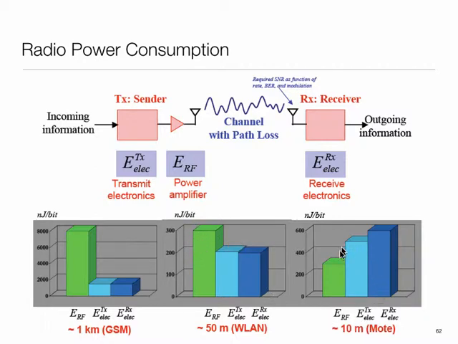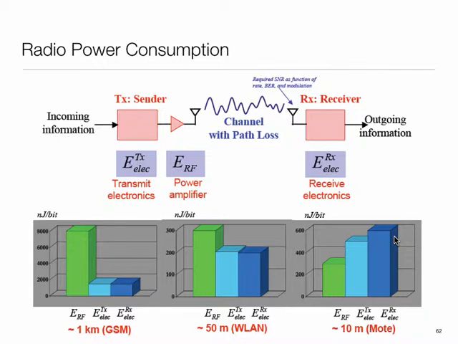And then finally, when you go down to really low level stuff, really short distance stuff like Bluetooth LE or ANT radios, you might imagine that things may even reverse, which is actually RF power may be much less than the electronic power consumption because I'm sending over such short distances, so the d square, or whatever, d to the power n loss is very tiny.